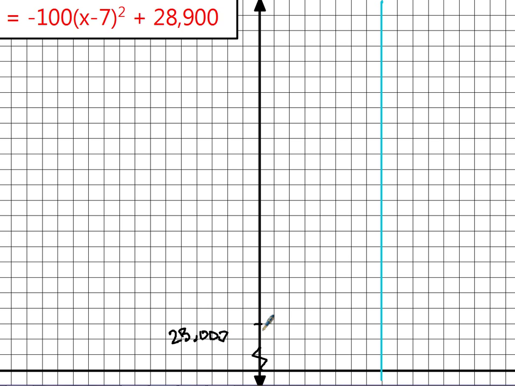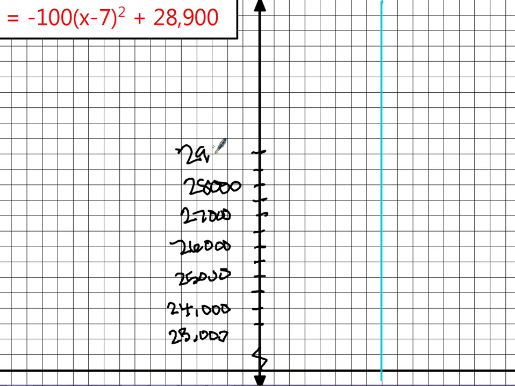Then 23,500, 24,000, 24,500, 25,000, 25,500, 26,000, 26,500, 27,000, 27,500, 28,000, 28,500, 29,000, 29,500, 30,000.